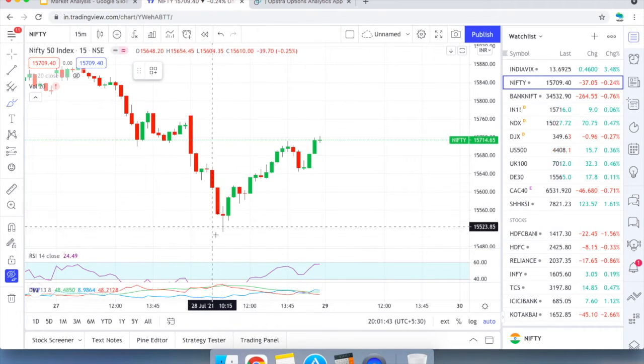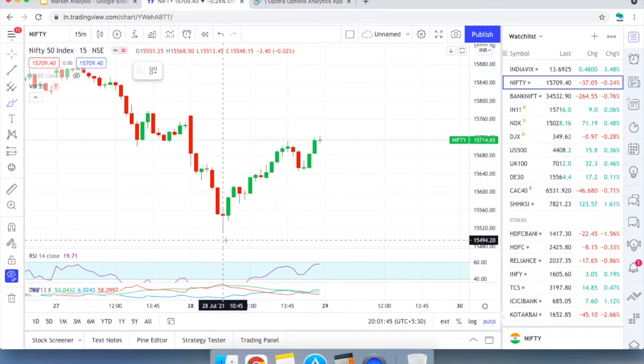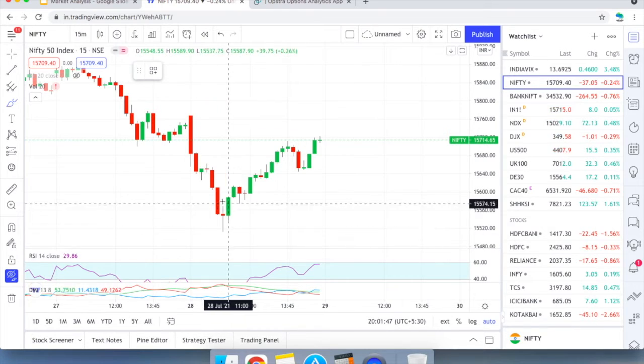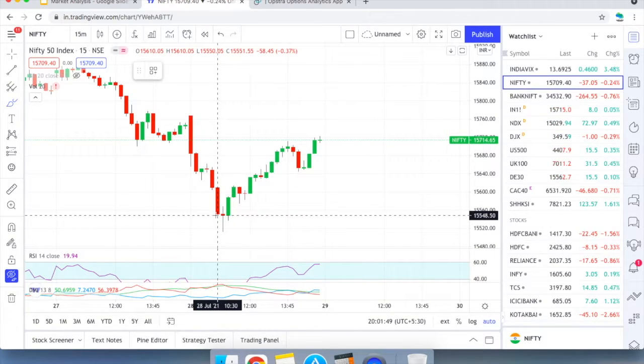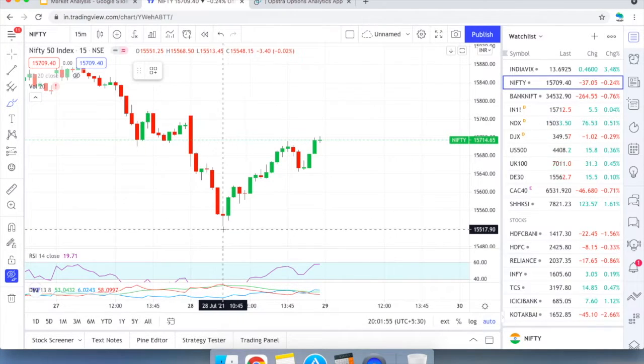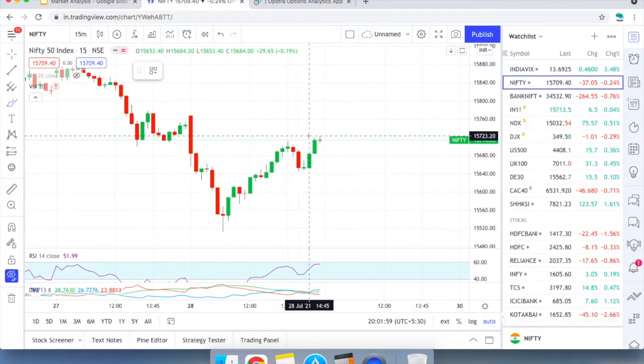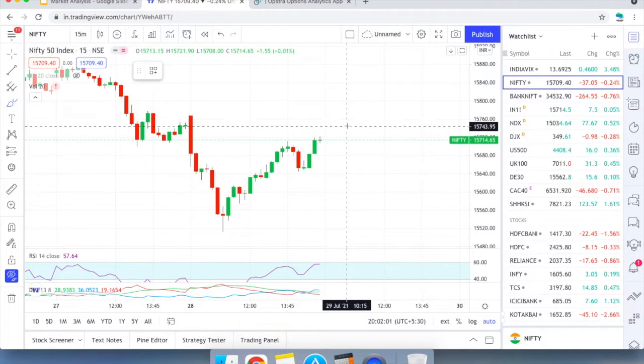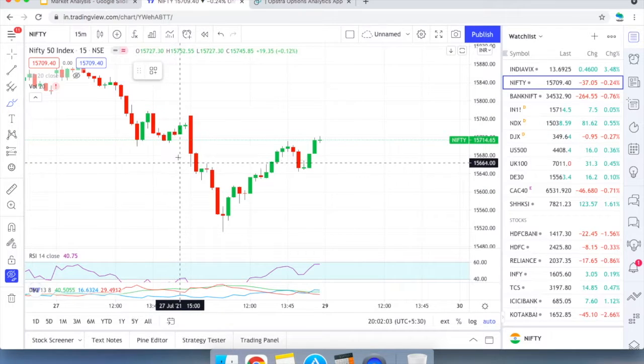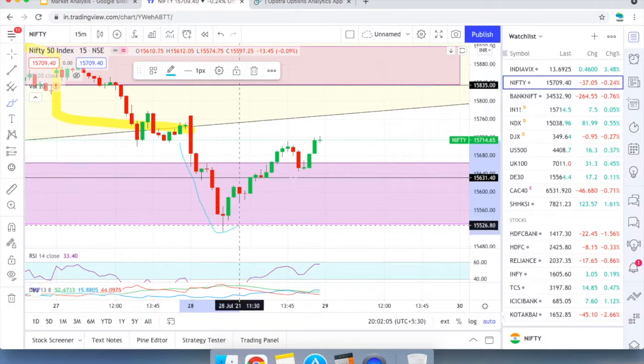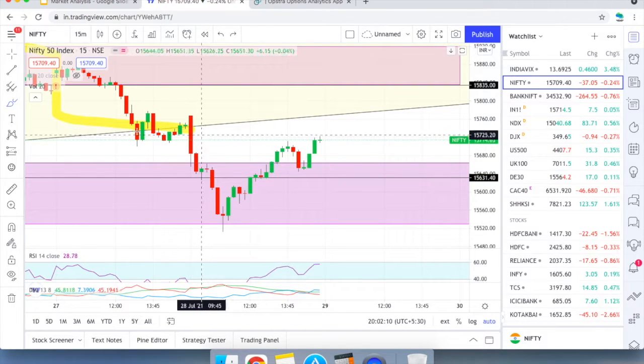That is when it forms some kind of reversal pattern, a tri-star pattern, which indicates a reversal, and at 11 o'clock it started trending upwards and regained almost all of it. So it is a V-shaped day, you can say. That is what happened in the market.